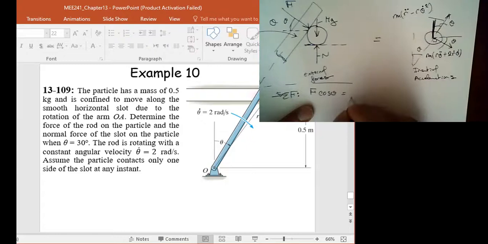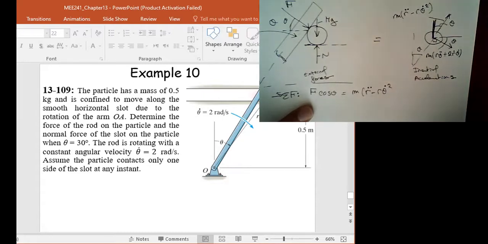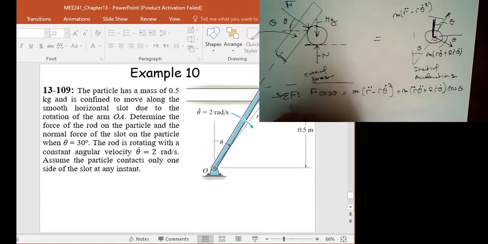To this guy, right? m(r double dot minus r theta prime squared) plus m, so this is nothing here, m(r theta double dot plus 2 r prime theta prime) cosine theta. Okay, so this is how we can find the force F, and then how can I find the normal force?